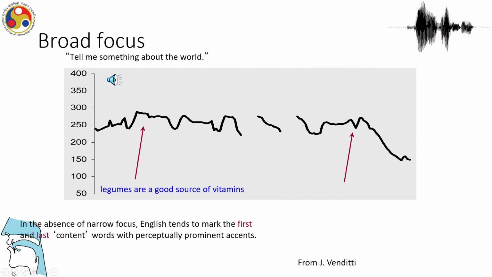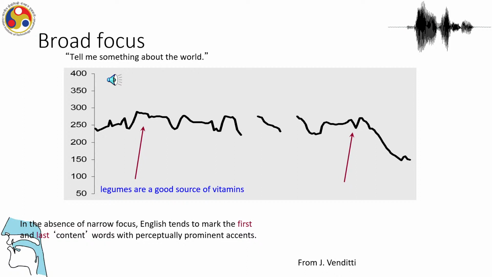Then we have here a broad focus sentence where we're not really emphasizing just one part. Legumes are a good source of vitamins, as a general declarative sentence, saying something matter of fact and not emphasizing one part of the sentence so as to give a particular meaning to that sentence.